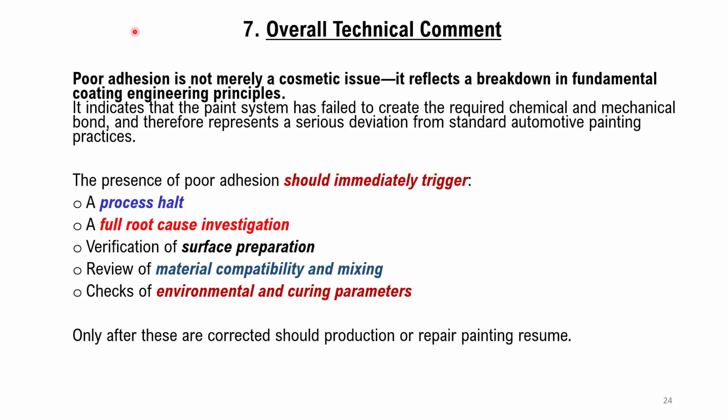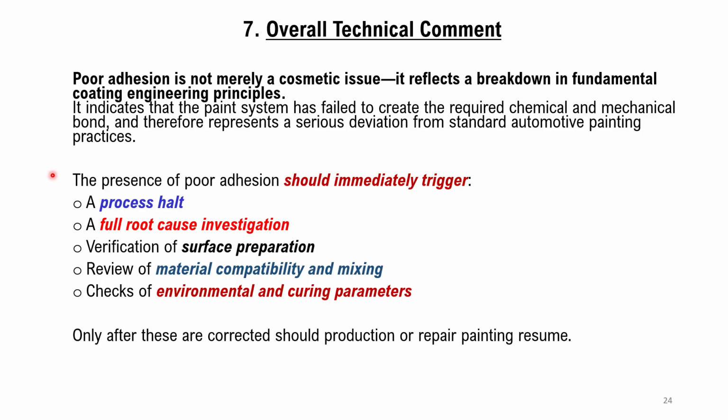The overall technical comments regarding poor adhesion. Poor adhesion is not merely a cosmetic issue. It reflects a breakdown in fundamental coating engineering principles. It indicates that the paint system has failed to create the required chemical and mechanical bond and therefore represents a serious deviation from standard automotive painting practices.